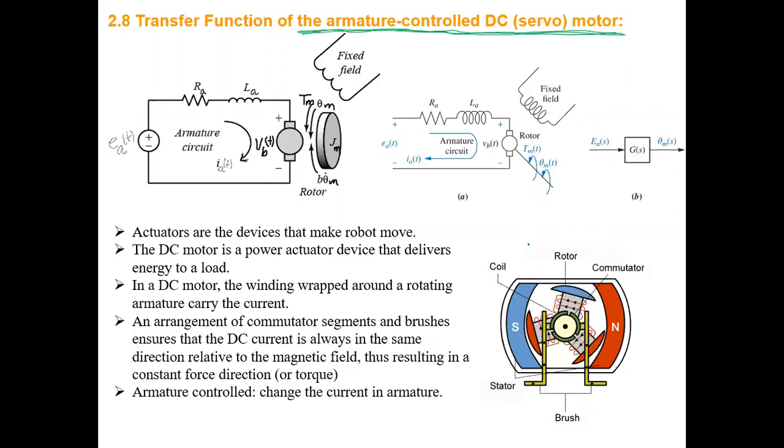Actually, this is a small cartoon or GIF, whatever you call it. Here we have the magnet. This is the north pole of the magnet, and this is the south pole of the magnet. The magnet is fixed. That's why your B is constant.